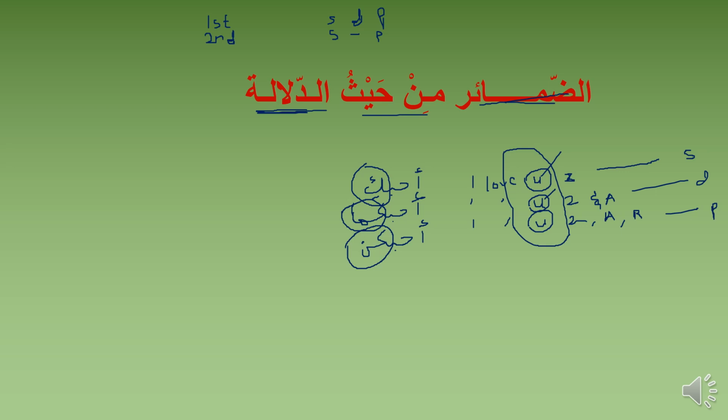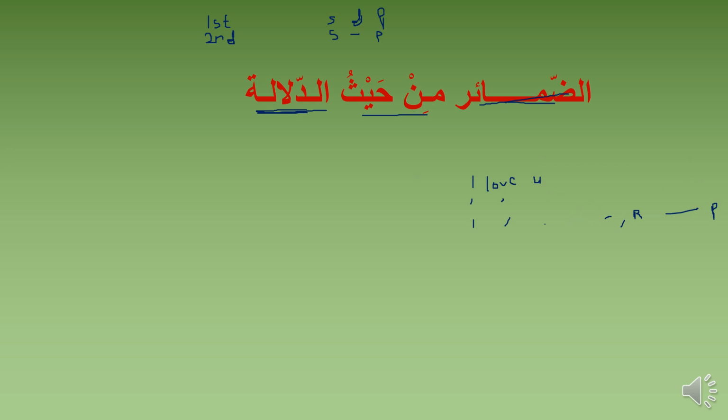So that is one of the beauties of the Arabic language. We have dual and plural for each word. So let's move on. We are looking at this classification in terms of the connotation, whether it's the first person, the second person, or the third person, singular, dual, or plural.